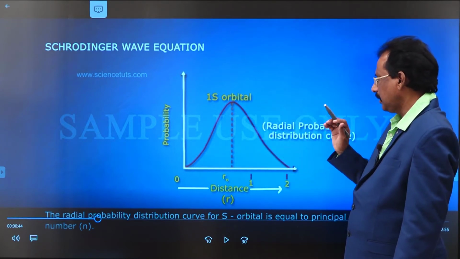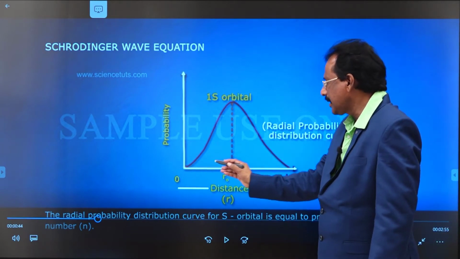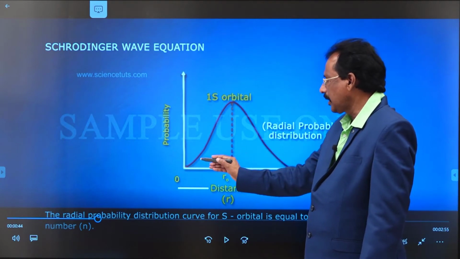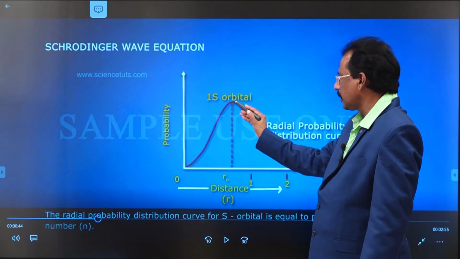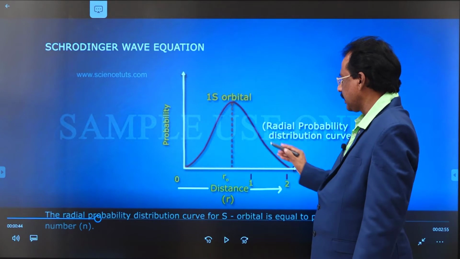This peak indicates that when the radius increases from the nucleus to the electron position, slowly the probability of finding the electron also increases to a certain maximum value and then decreases.